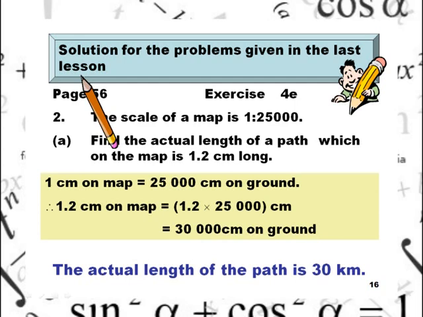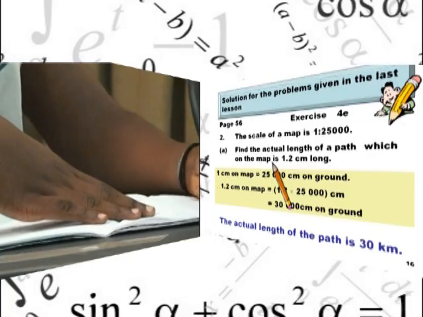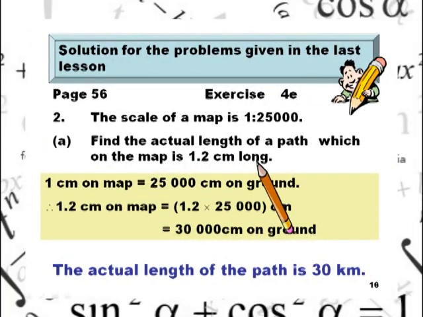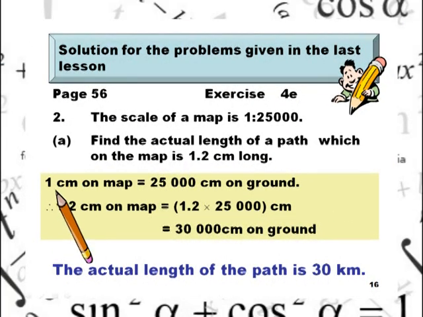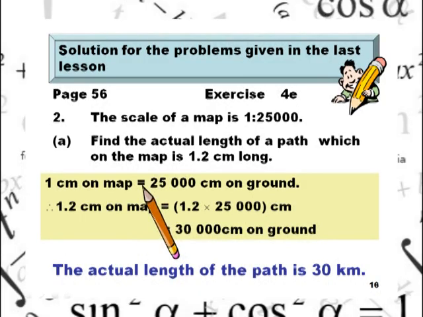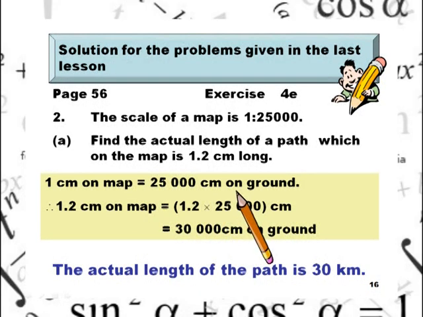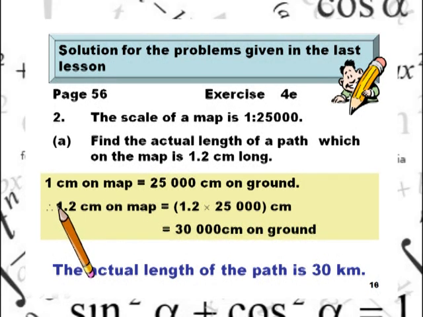Solution for problems given in the last lesson, page 56, exercise 4E, question 2. The scale of a map is 1 to 25,000. A. Find the actual length of a path which on the map is 1.2 cm long. 1 cm on the map equals 25,000 cm on ground.